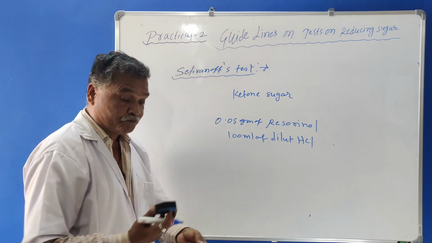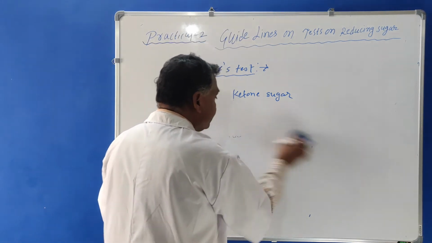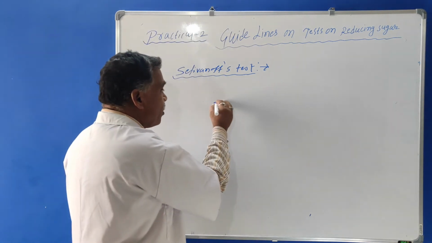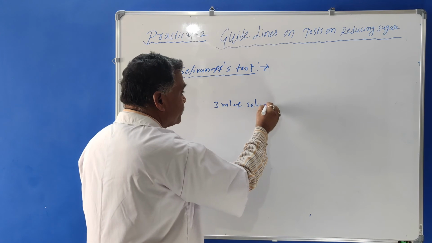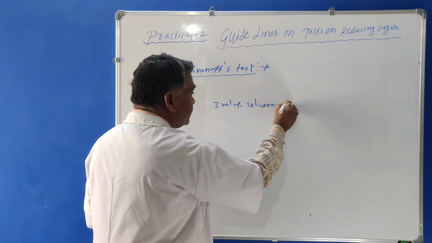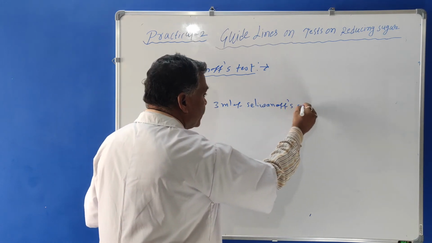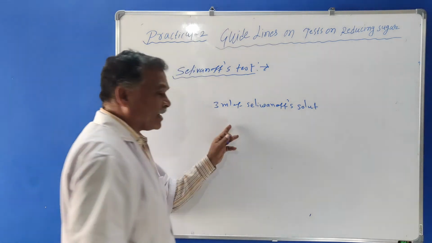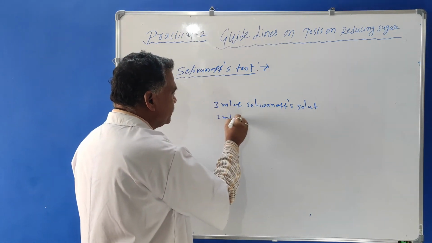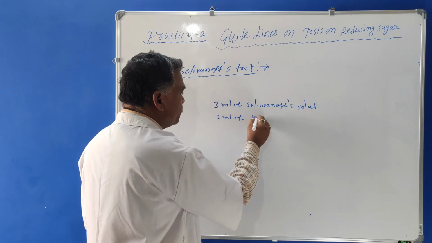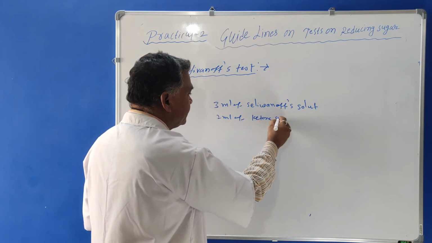Now you see the procedure here. 3 ml of Selivanov's solution is taken, and to this 2 ml of ketone sugar is added.